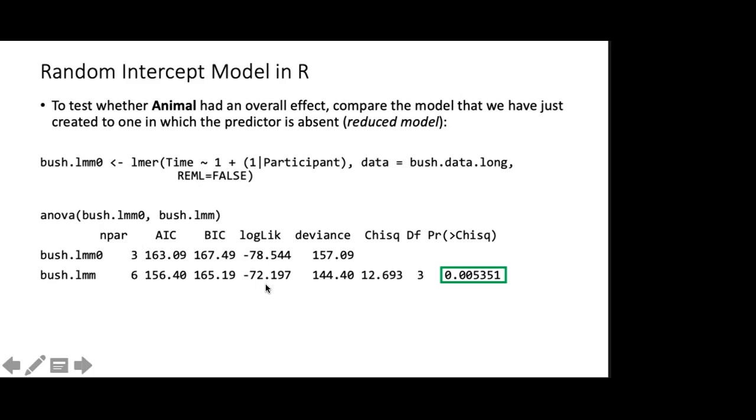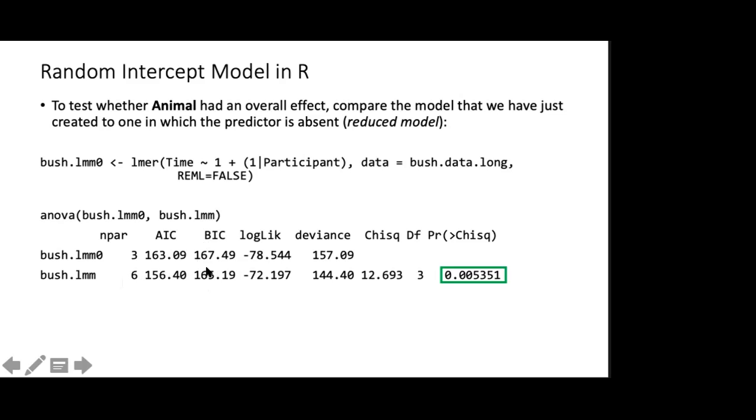You are comparing whether that model does a better job in explaining the variability in the dependent variable. Then you have the different criteria. You have the Akaike information criterion. Just a reminder, it's better when it's lower. You have the Bayesian information criterion. Also, it's better when it's lower. You can see the difference here is smaller because the Bayesian criterion penalizes the number of parameters more, so the more complex model is penalized.